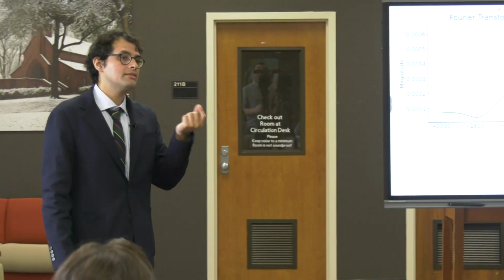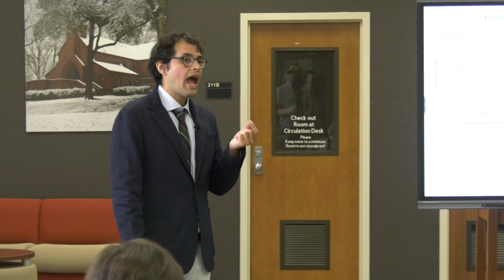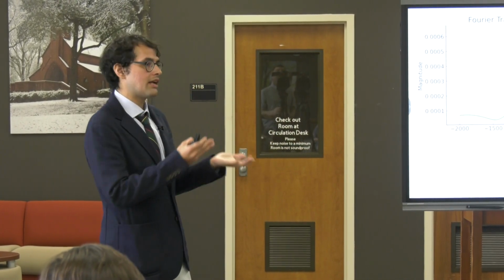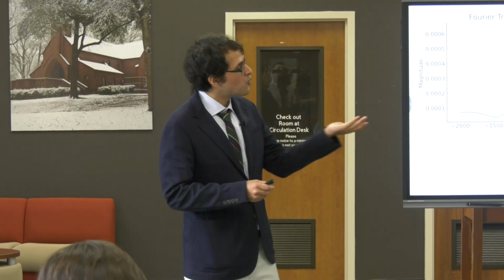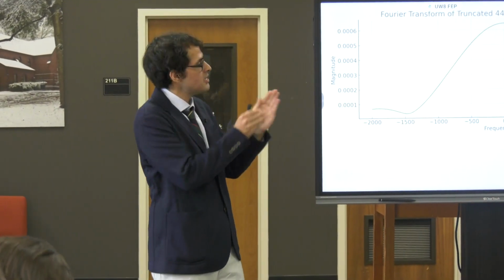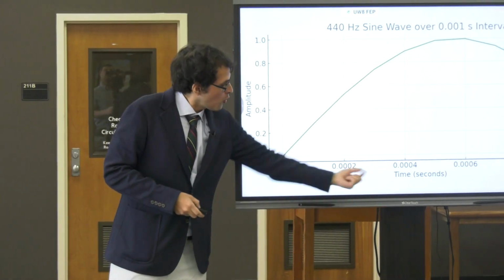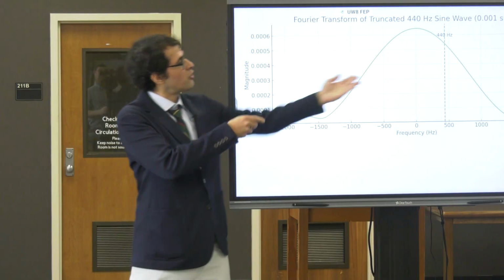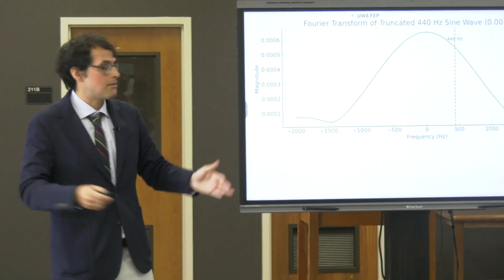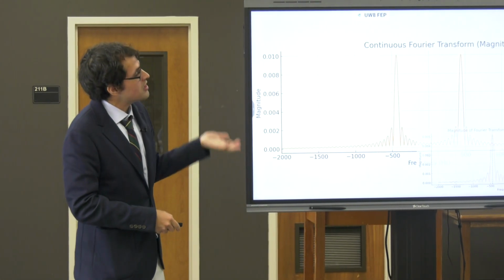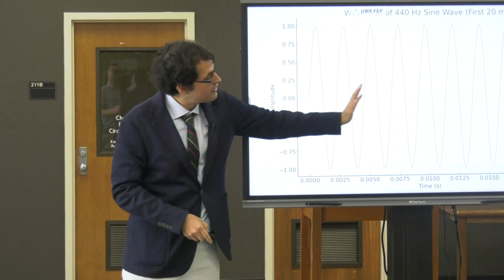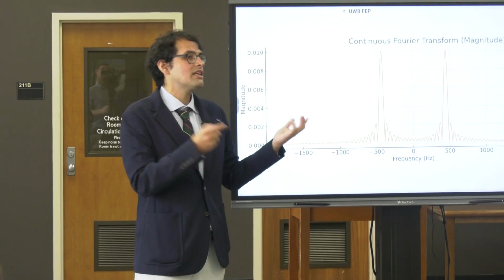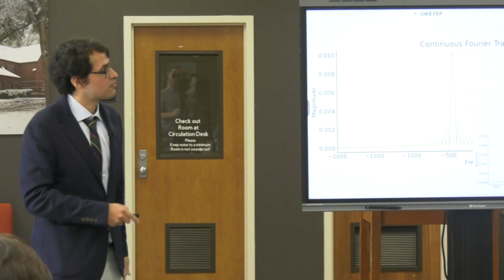This is interesting because if you ask at what time you hear these frequencies, the Fourier transform is a trade-off. If you want to know what frequencies are at a particular time, the Fourier transform says, I don't know, there are a lot of them. But in the other direction, if you have a lot of the signal, the Fourier transform is very good at telling you what frequencies there are, but then you don't know where they appear.